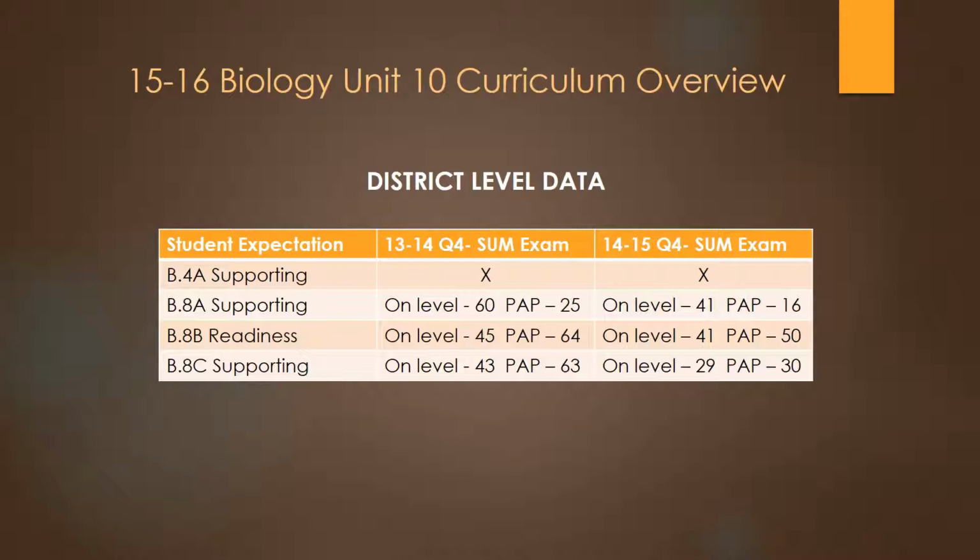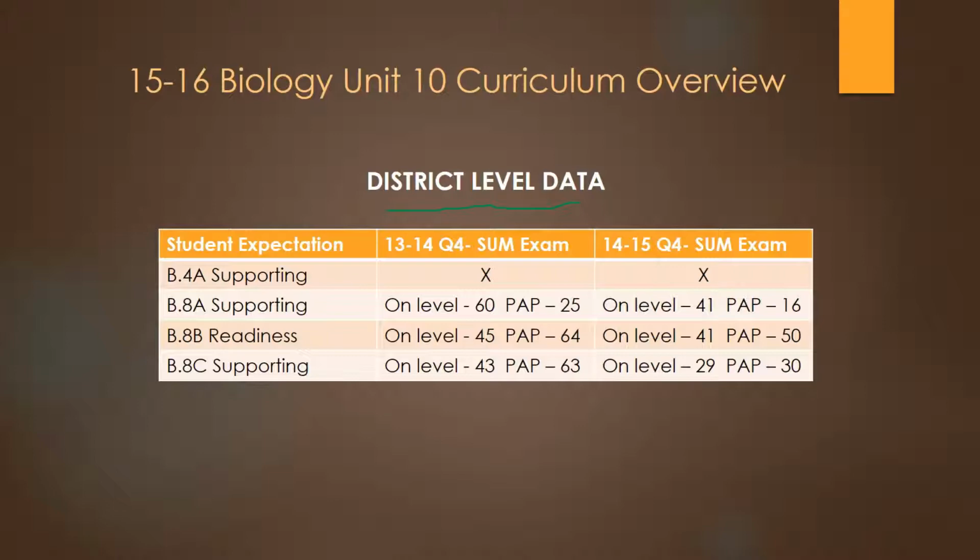Now, as we look at our district level data over Q4 summatives, we can see that for 4A, that SE was not assessed on the Q4 summatives in 13-14 or 14-15, excuse me. That's why you see X's there.